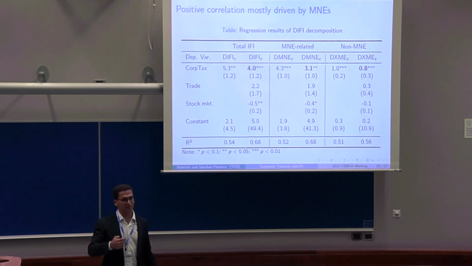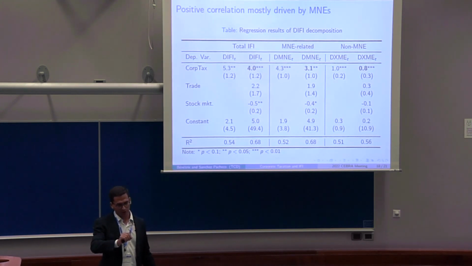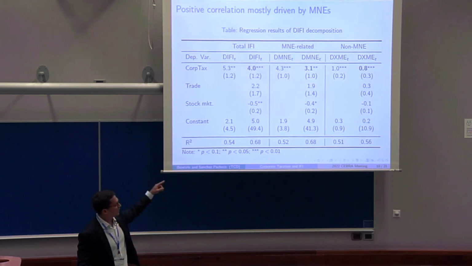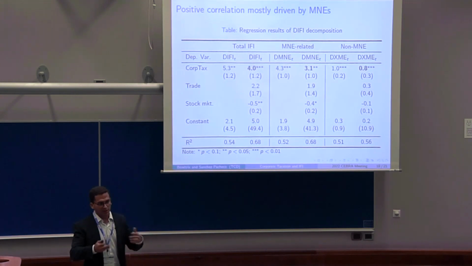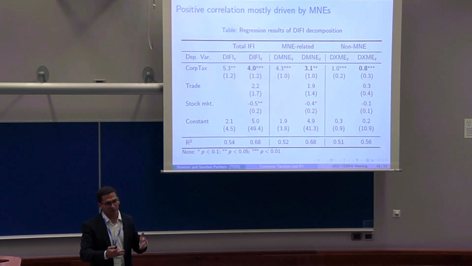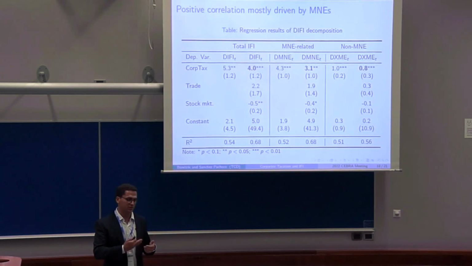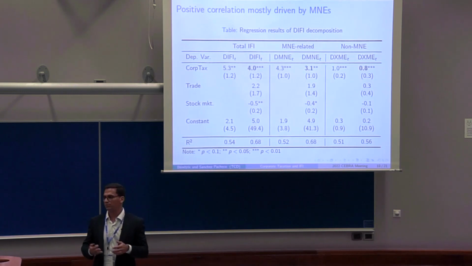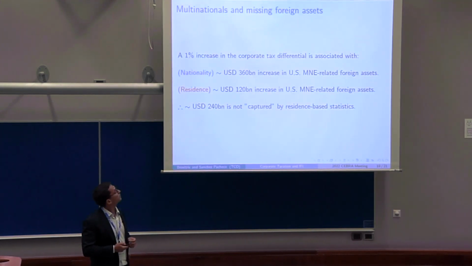Not only is the difference in the two measures of IFI positively correlated with the corporate income tax differential, but that appears to be mostly driven by multinationals, which once again is indicative, or some indirect evidence, that US multinationals are taking advantage of these differences in corporate taxation in ways in which they are not completely captured by the residence-based approach.